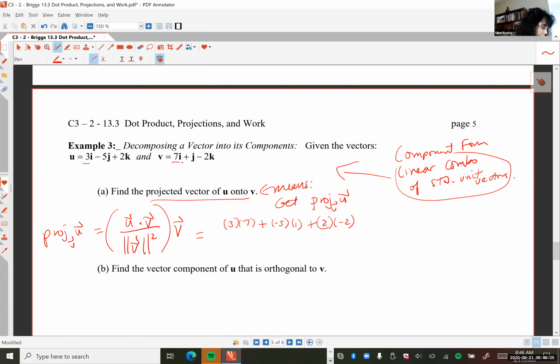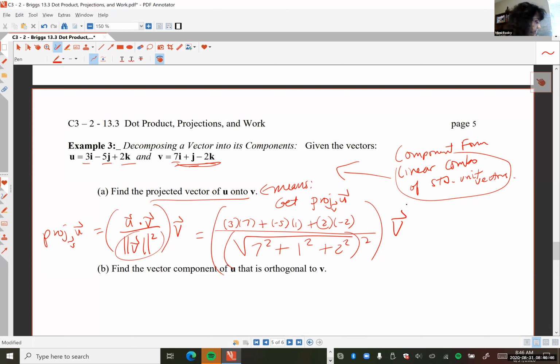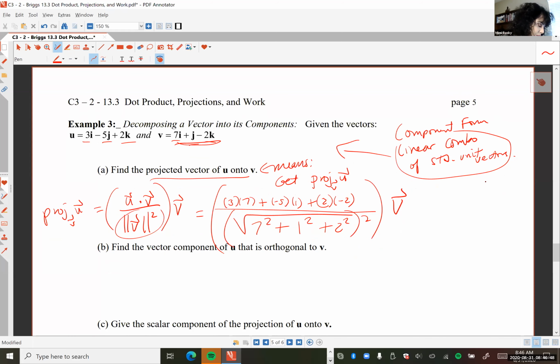I'm just multiplying the x components, then adding the product of the y's and the product of the z components. And then this is a magnitude squared, and it's v's magnitude. Be careful, not u's. You blow this, I've got no mercy for you. Sorry. And then that's a scalar times the vector v. So it turns out that the numerator is 12.